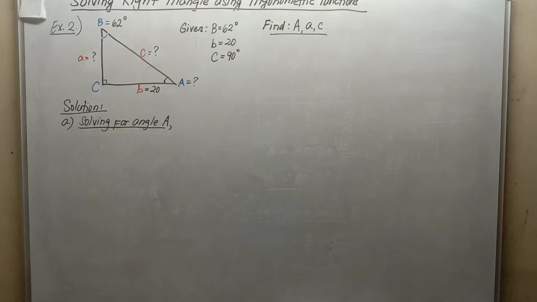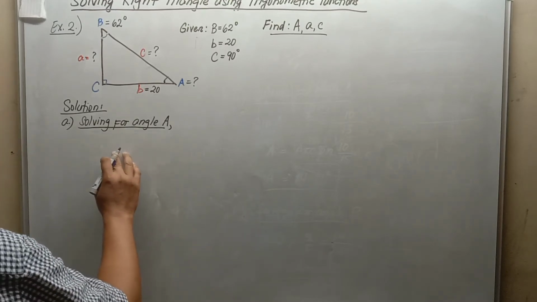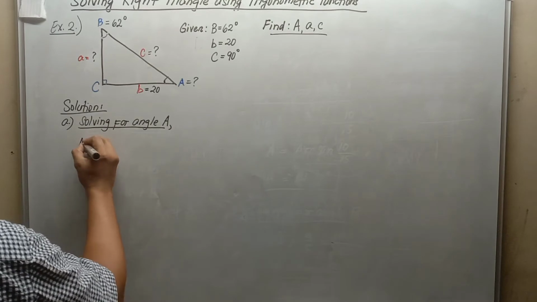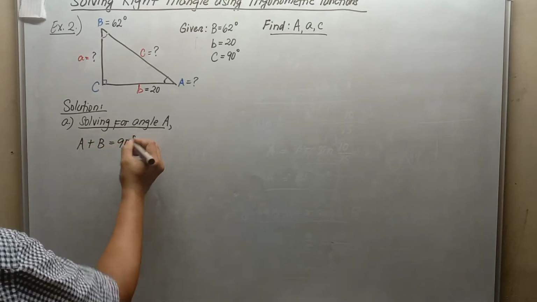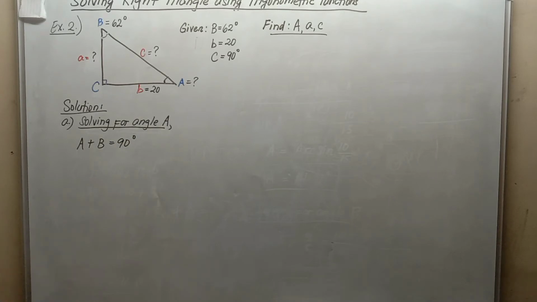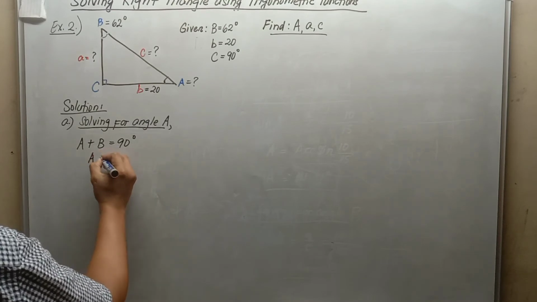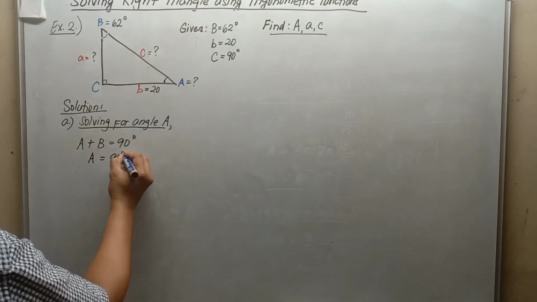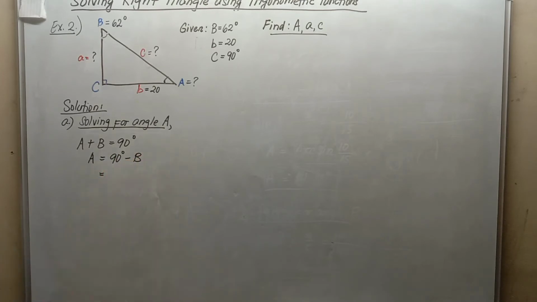So the equation is A plus B is equal to 90 degrees. So A is equal to 90 minus B. So substitute, guys.